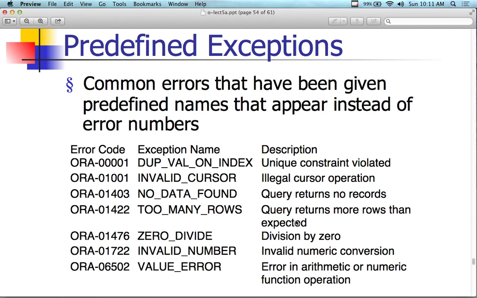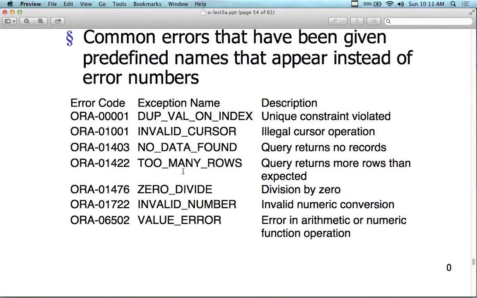So we have predefined exceptions in PL/SQL, so we don't have to reinvent the wheel. These are common errors that are given predefined names that appear instead of the error numbers. Oracle is famous for this, actually. We have these error codes that come up, ORA-dash-blah-blah. Then you buy the books, and the books are four or five inches thick. They still sell them, but now it's all online.